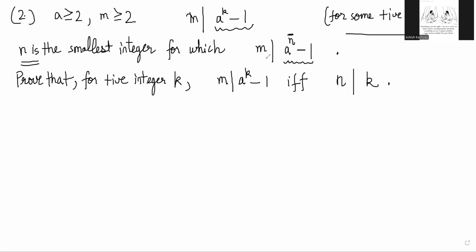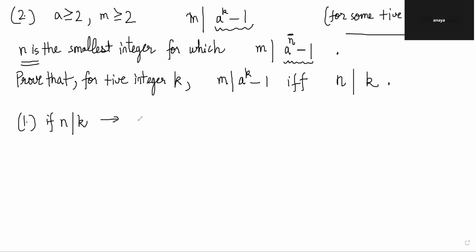So let's think about it. One side is pretty easy to do. One side is like saying if n divides k, then we know that a power n minus 1 divides a power k minus 1, right? Why?